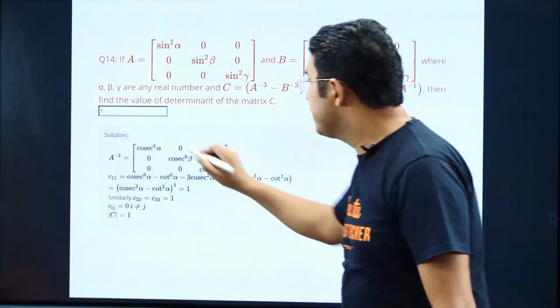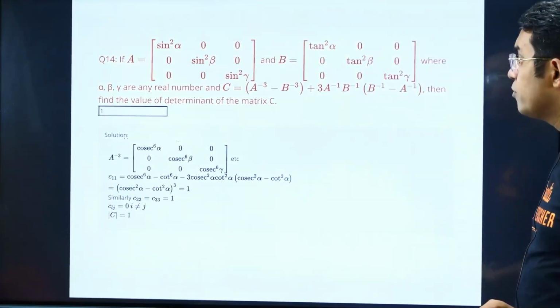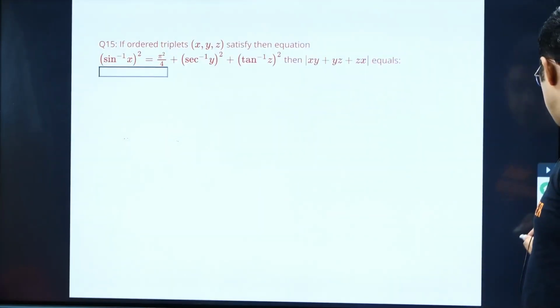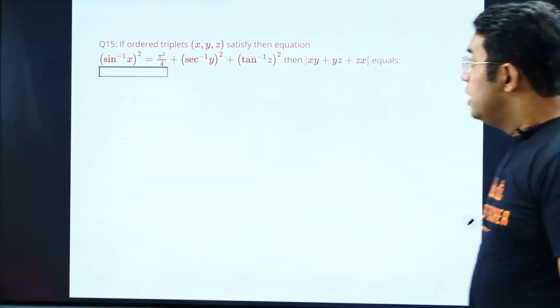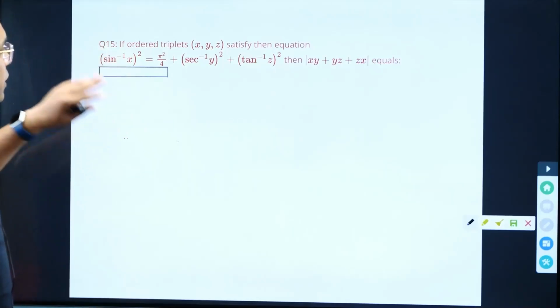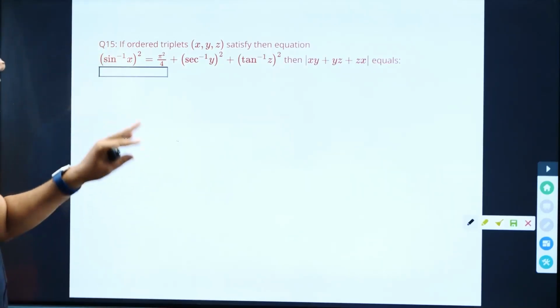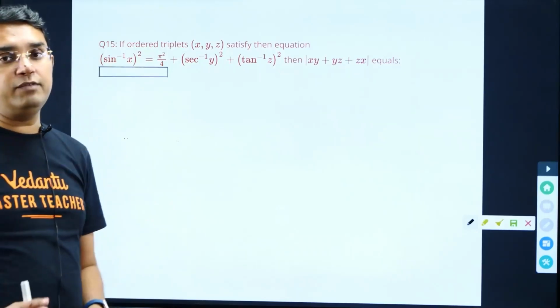Okay, moving to the next question. I think that's the last question of this paper. If the ordered triplets XYZ satisfy the equation, we have to find mod XY plus YZ plus ZX. Now the question here is based on the range of inverse trigonometric functions.